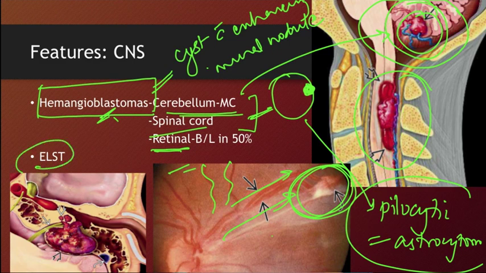The next CNS feature, which is not very common but is seen in almost 10 to 15% of the cases, is endolymphatic sac tumor. In this schematic diagram, you can see the location of the inner ear. This is the eustachian tube. These are the mastoid air cells. This arrow is showing the sigmoid sinus.